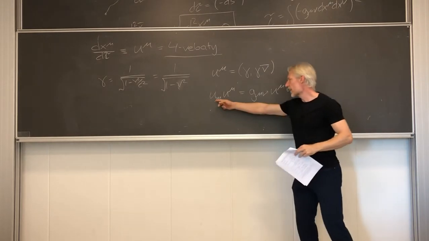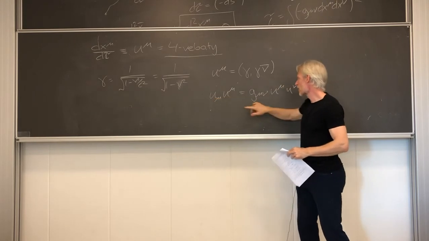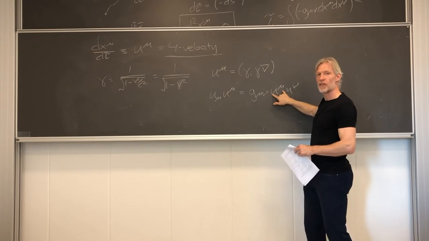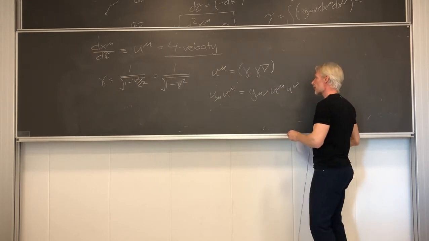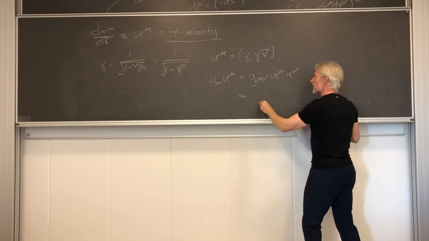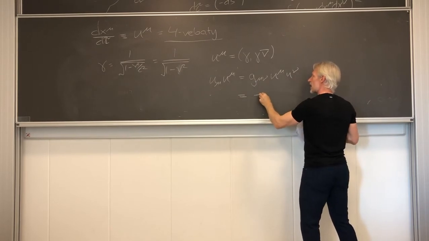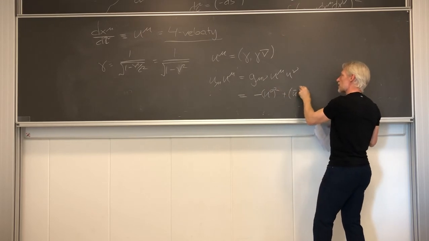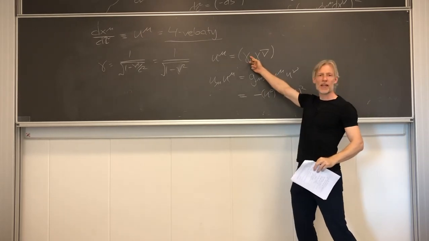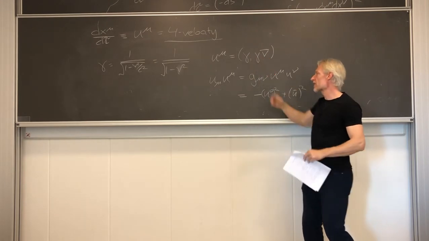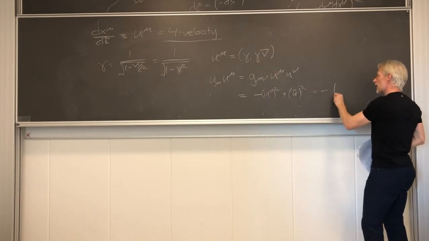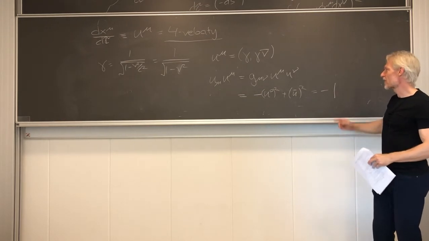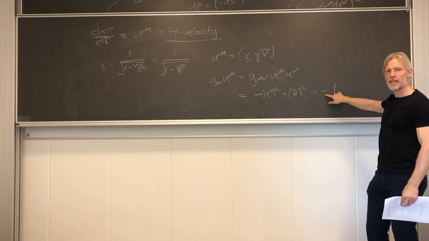So this actually I get with the lowered index by acting with the metric on this normal vector here. If I actually write it out in special relativity, then I would get minus u naught squared plus u vector squared. And then I go back up here. I have the components. Then I check. I find a minus 1. Okay? So that means the length of this vector is actually always normalized to minus 1.